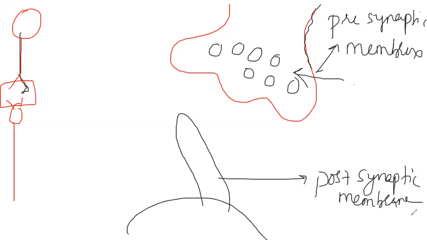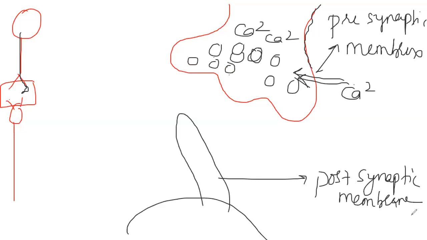Do remember, in this place we have calcium gated ion channels. They open at the presynaptic membrane, which brings the influx of calcium ions, and the calcium ions come and break the synaptic vesicles.